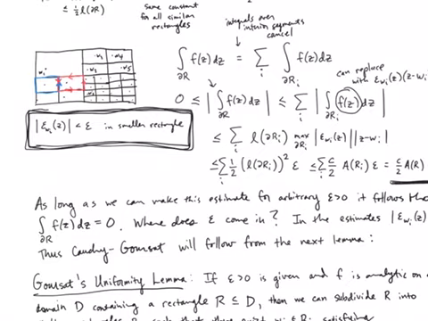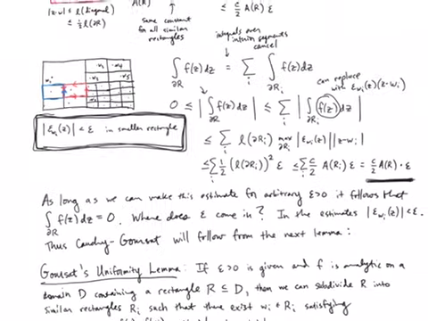rectangles. And in these smaller rectangles, you can choose them so that there's a point inside where the error coming from looking at the derivative of our function f at that point is less than epsilon in all of these smaller rectangles.